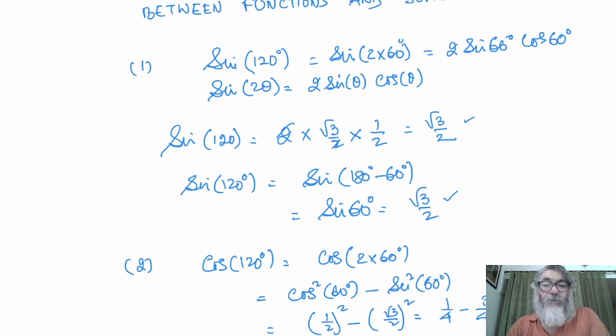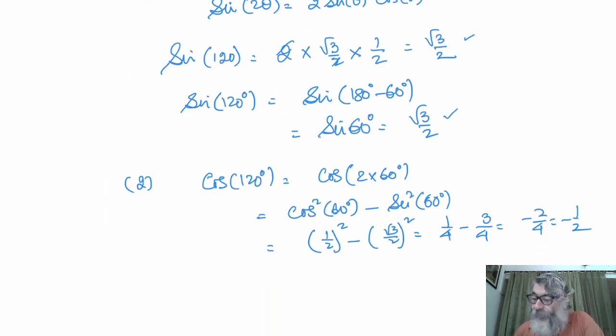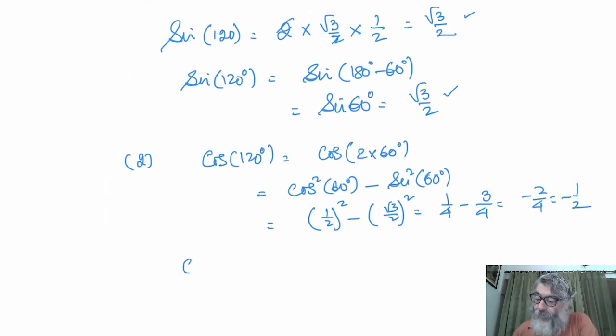The value of cos 120 is minus. It is going to be minus because 120 falls in second quadrant, and in second quadrant cos is negative. So let us use that supplementary relation. Cos 120 means cos 180 minus 60. Cos 180 minus 60 means minus cos 60.